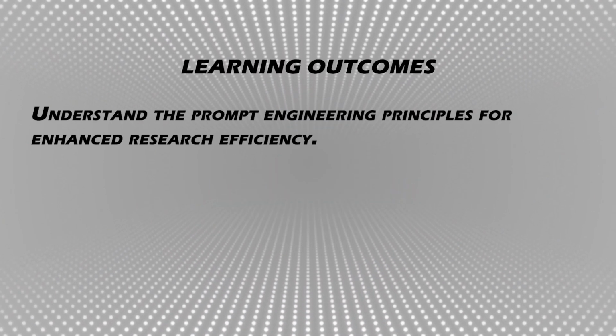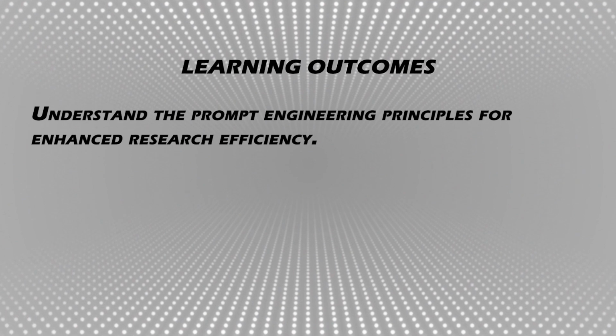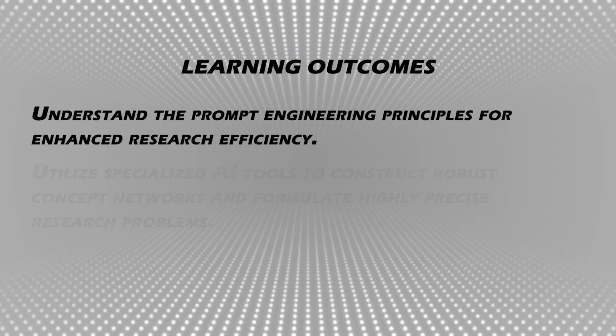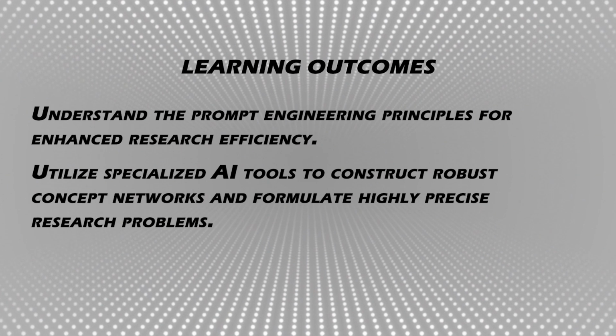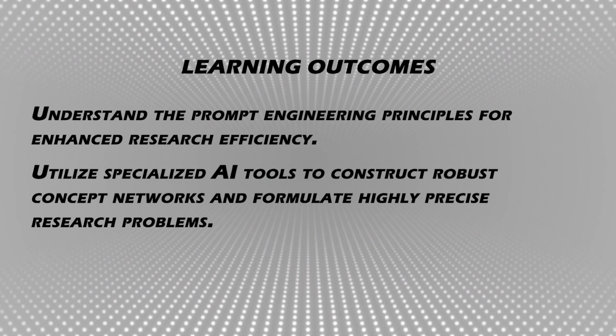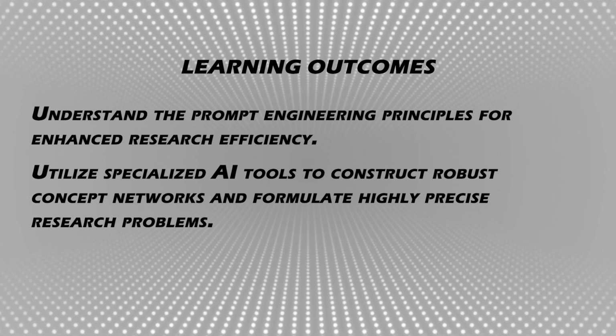Now let's discuss the learning outcomes. Upon the successful completion of this MOOC, you will be able to understand the prompt engineering principles and enhance research efficiency. Utilize specialized AI tools to construct robust concept networks and formulate highly precise research problems.